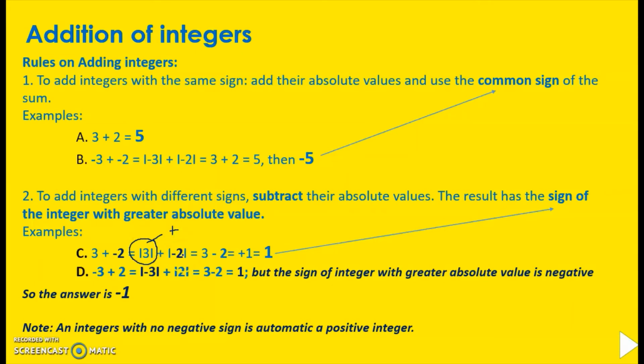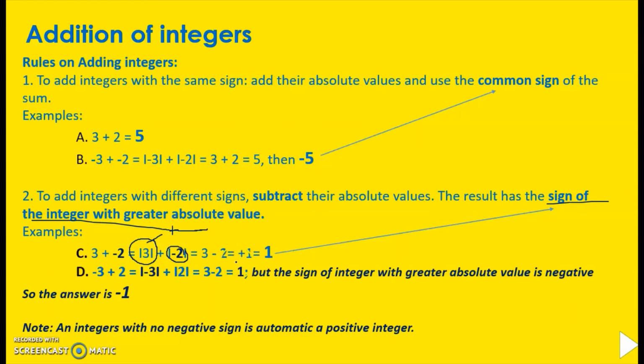The sign of negative 2 is negative. When we take the difference of 3 and 2, it is equal to 1. We employ the sign of the integer with the greater absolute value, which is positive.